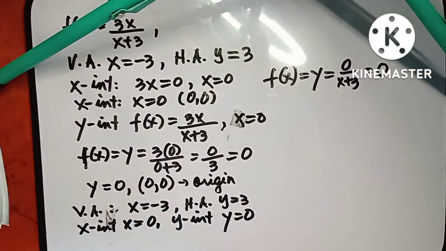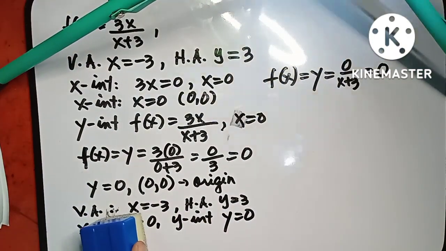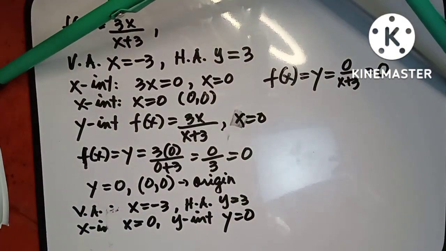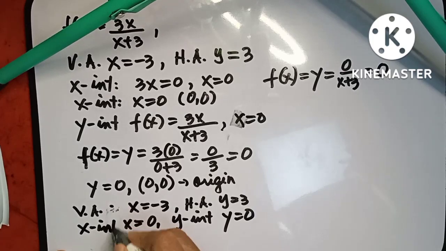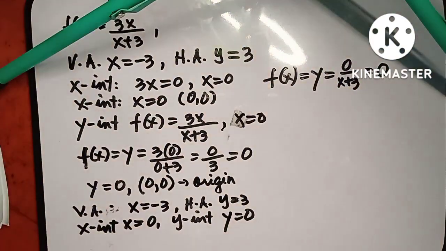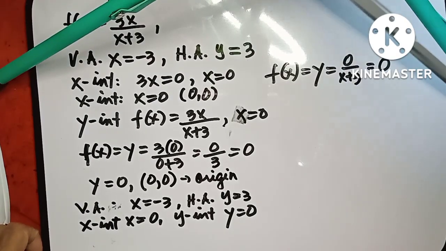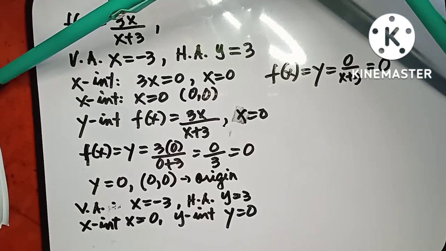This is important because it is necessary in the graphing, so that we will know the behavior of the graph as it approaches the vertical asymptote.